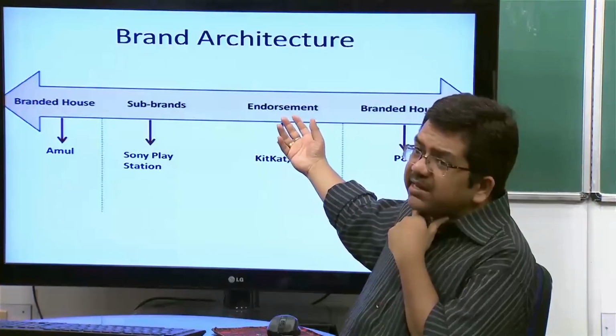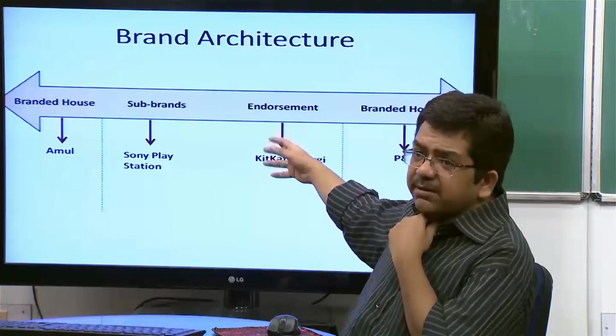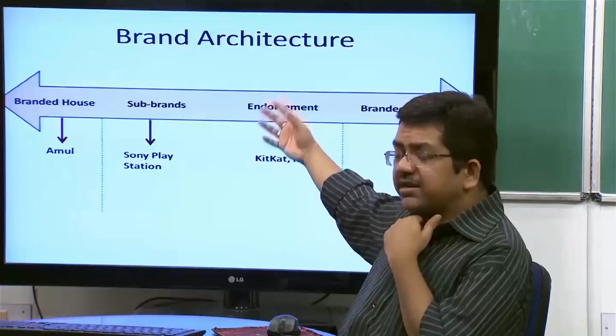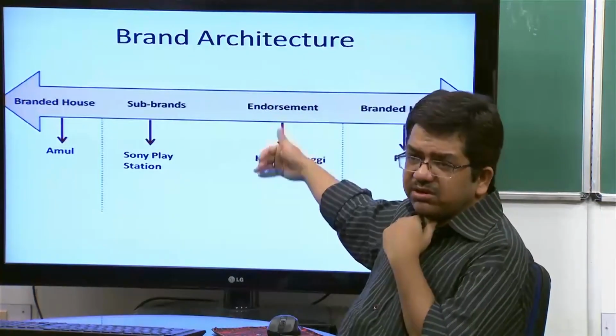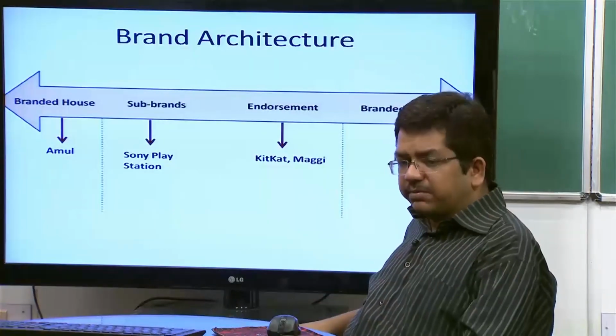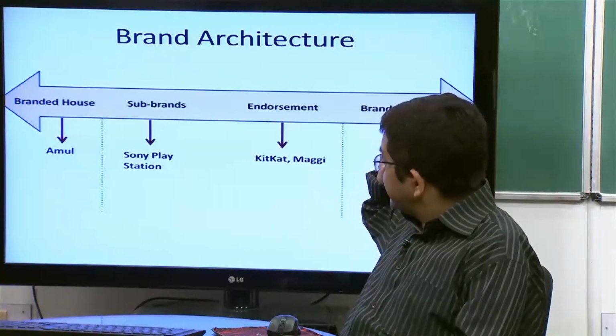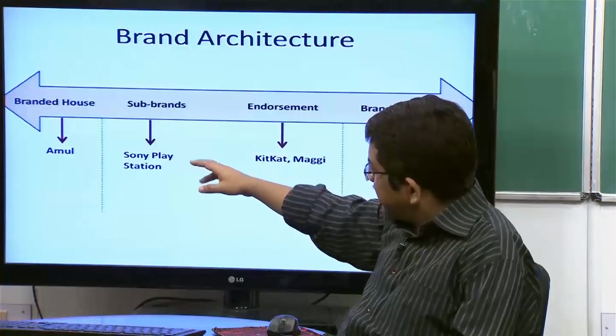They reinforce each other, they help each other, and in doing that they also help the corporate brand, and they also leverage the association from the corporate brand. Now, you will see that there are two ends to this brand architecture.